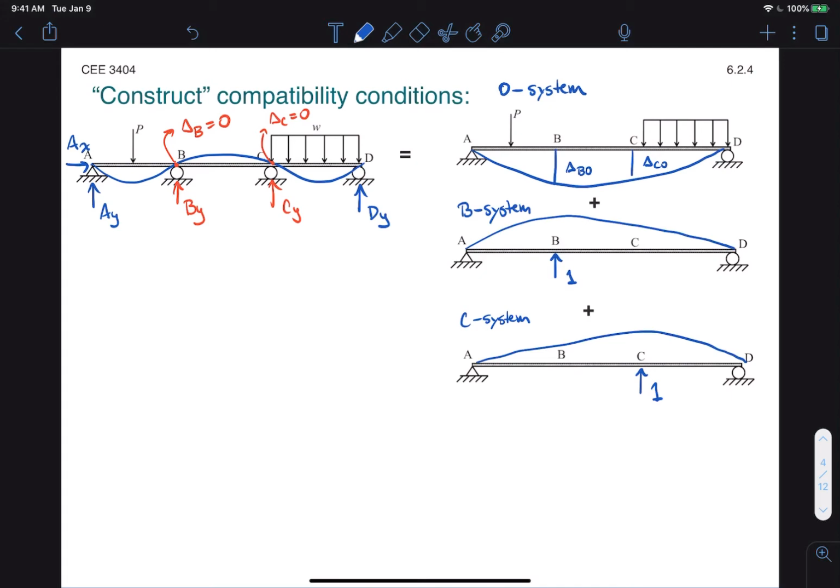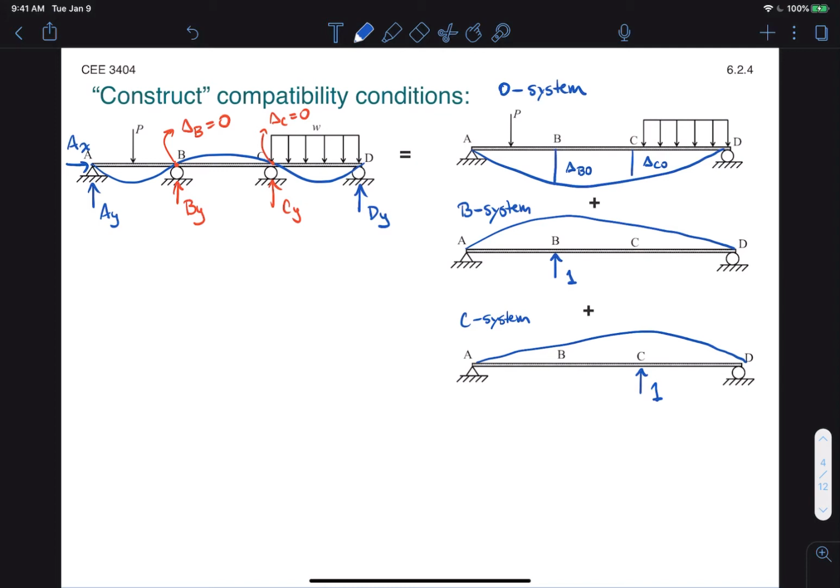We know that the B system will deflect a little more at B, and then the C system will deflect a little more at C, but both of them will have displacements at the other points. So that's really the important detail to keep in mind. So whatever force we apply at C still will have an impact on the displacement at B, right? And that's really what changes here when we have multiple degrees of indeterminacy.